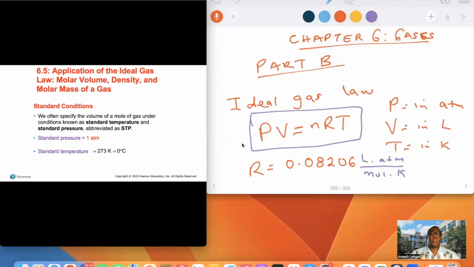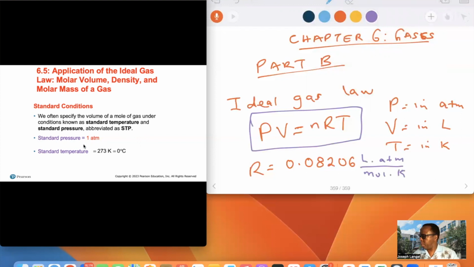All right. Now in 6.5, before we look at how to determine the molar volume, density, and molar mass of a gas, there is a condition we call STP, standard temperature and pressure.